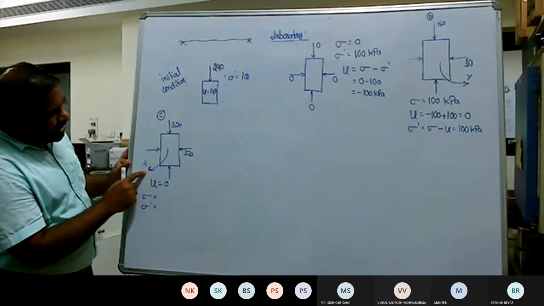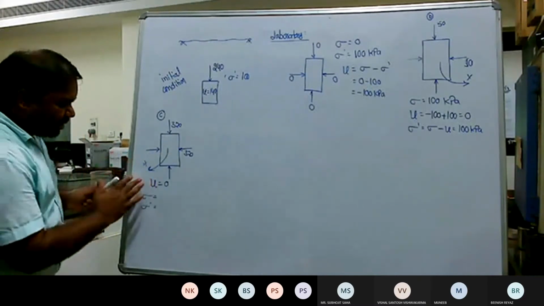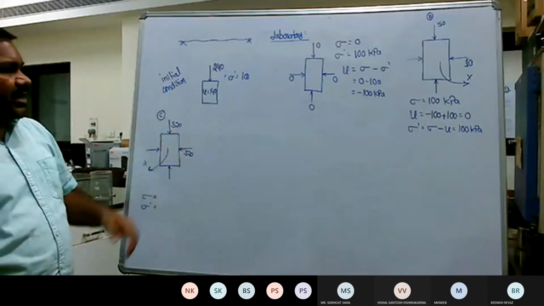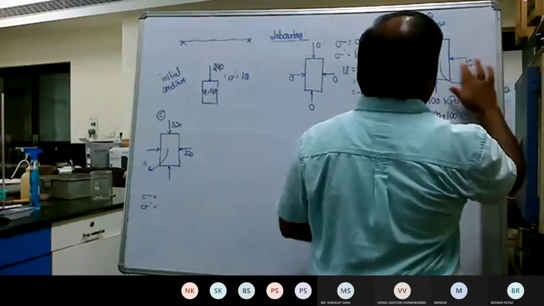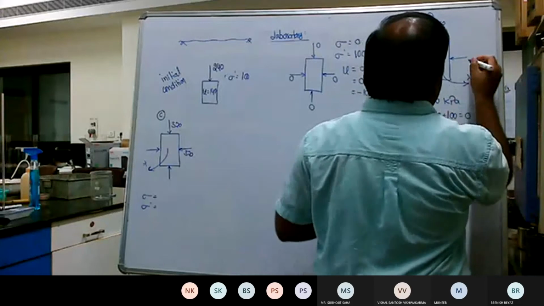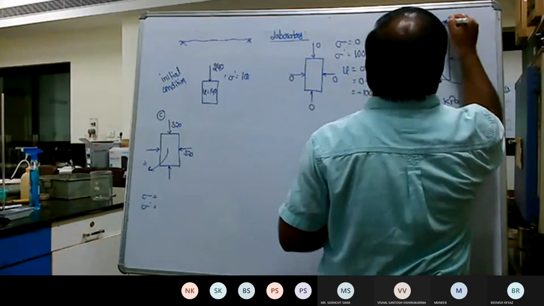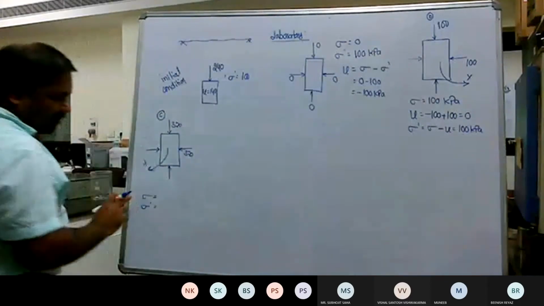Here the drainage valve is still closed. Now the cell pressure is increased from 100 kilopascals to 320. So now what will become the sigma?